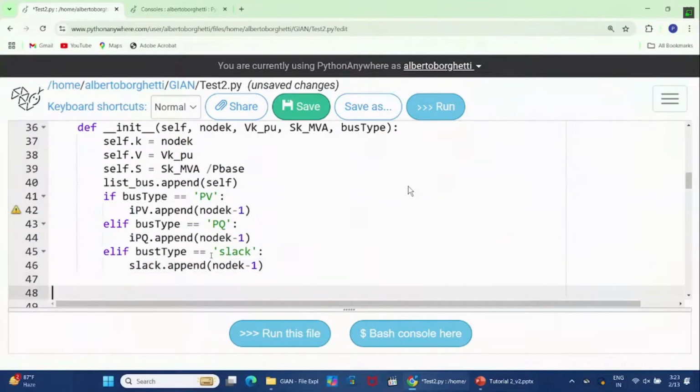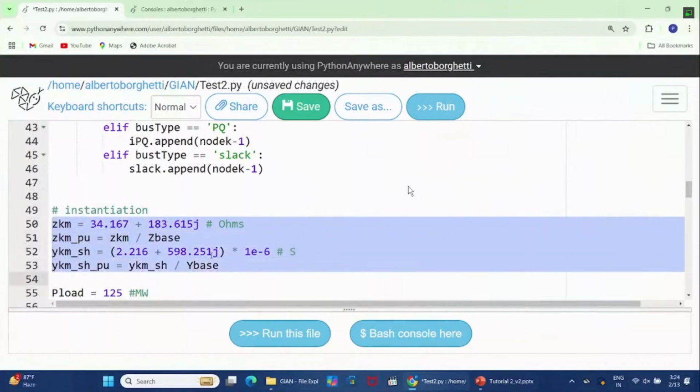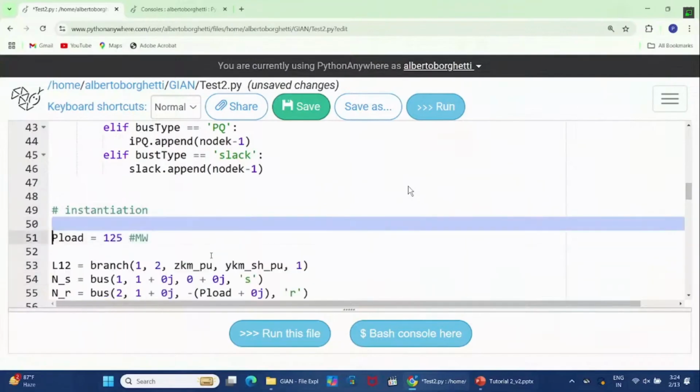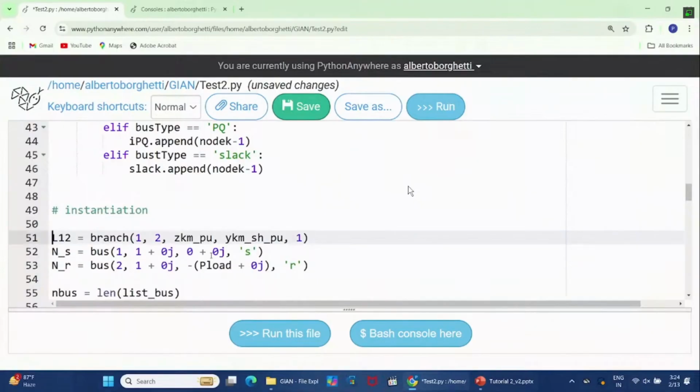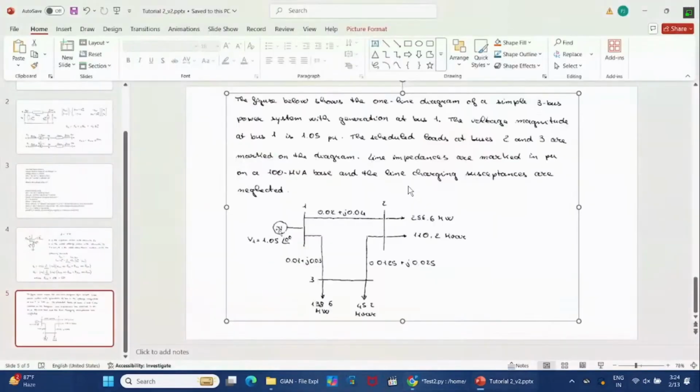And then we can include now the instantiation. This was the previous example with a single line and so on. So we don't have these values, so we can also delete. I will delete this. And we need just to put in all the branches. So here from 1 and 2, and this is the impedance.